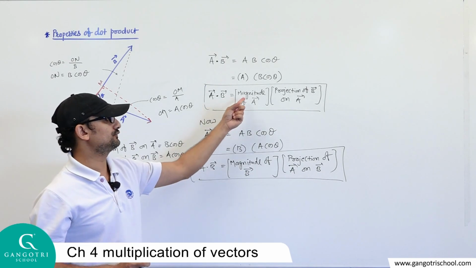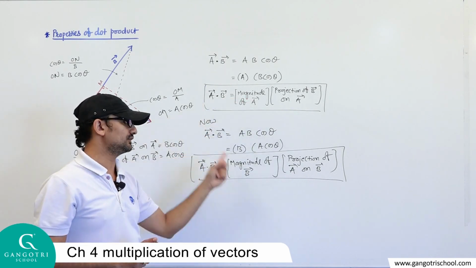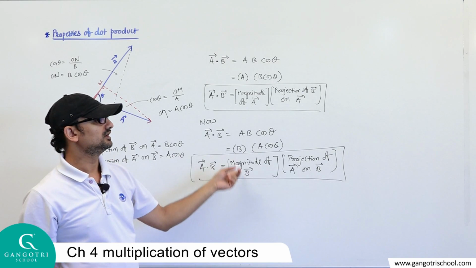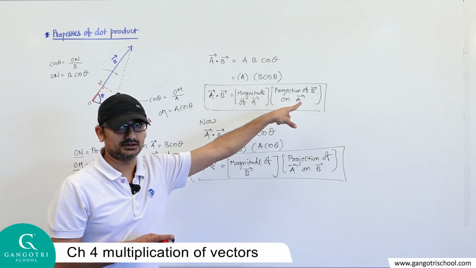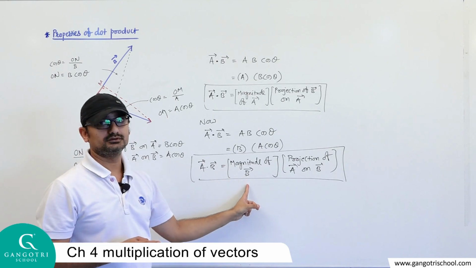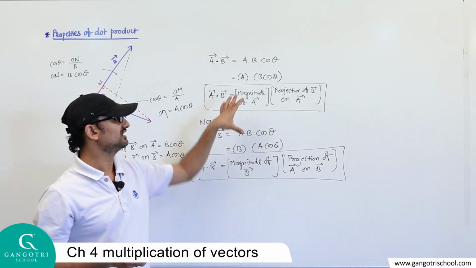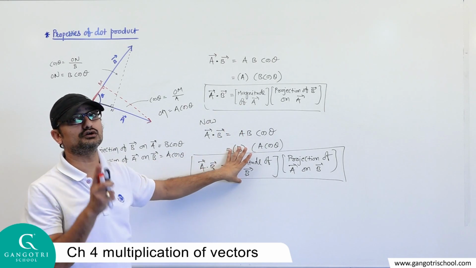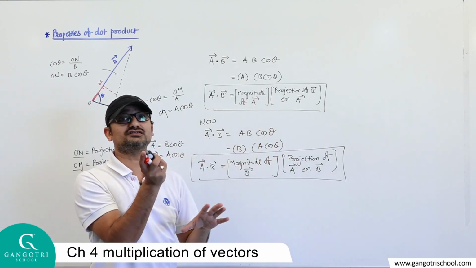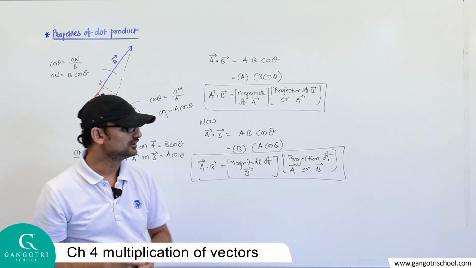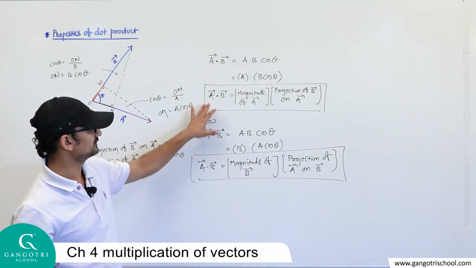For example, if you write magnitude of A, you write projection of B on A; if magnitude of B, then projection of A on B. It means in the first bracket the magnitude of one of the vectors, and in the second bracket the projection of the remaining vector on the first one. So A dot B can also be written in this way.